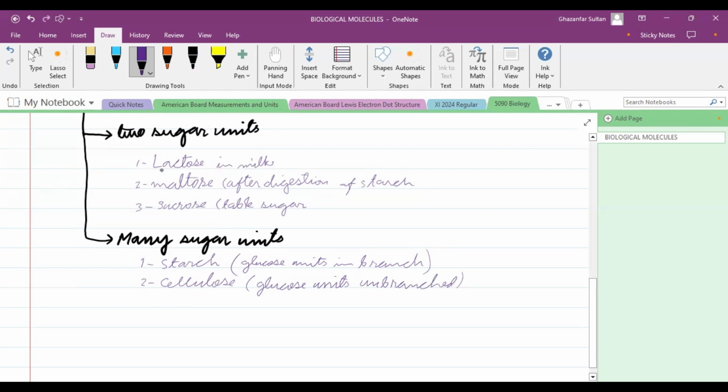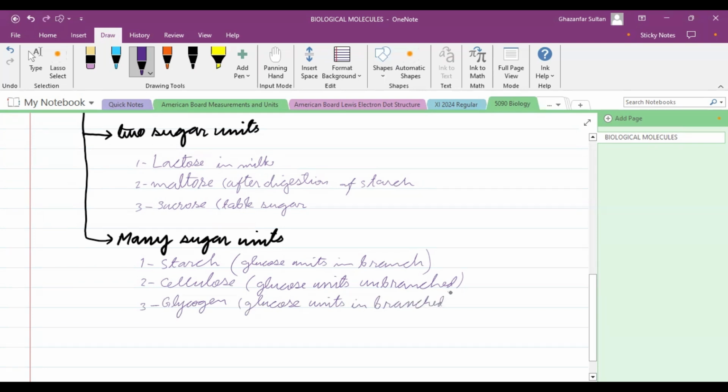Remember that no branch is possible if only two molecules of sugar are united together through a covalent bond. And another one is glycogen. Glycogen is also composed of glucose units in branches, so it is also branched.